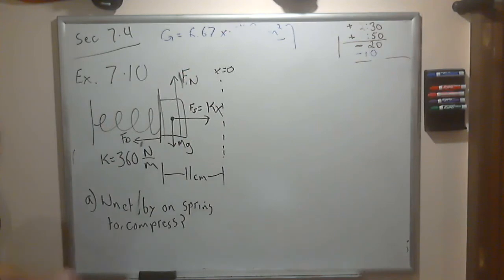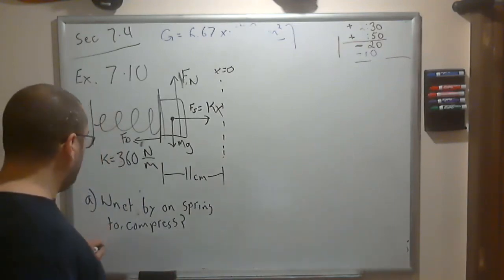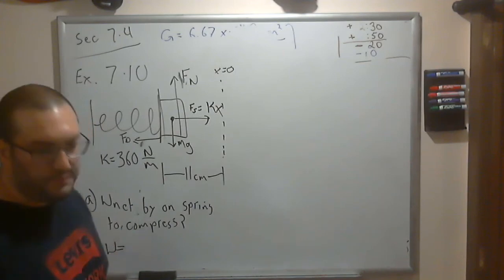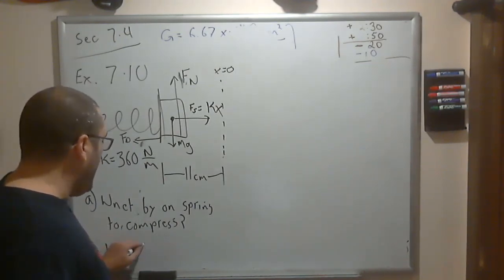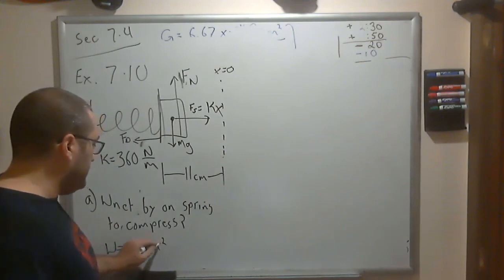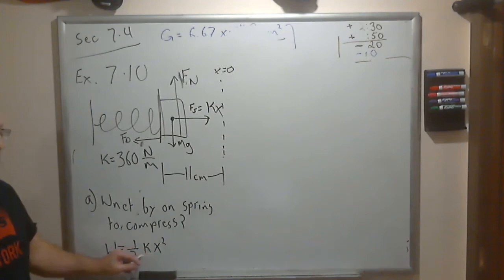Right. So the first question is: once we compress the spring, how much energy does it have in it? And here we just use the formula, right? Which we derived already, right? And it's just equal to 1/2 kx squared. This looks actually very similar to the kinetic energy, but instead you have k instead of mass and then x.